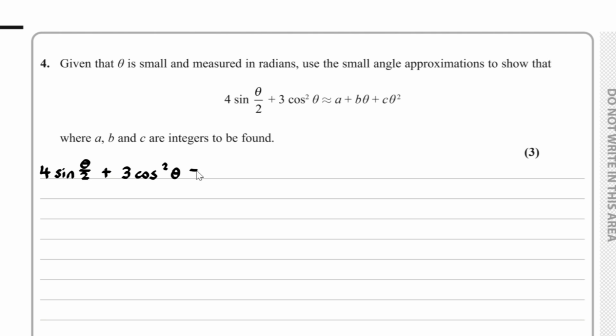What this is equal to is 4 sine of theta over 2 plus 3 multiplied by 1 minus sine squared theta.